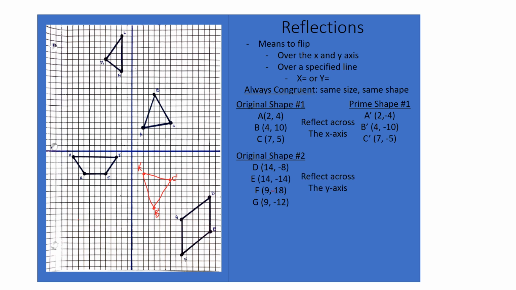For this problem, we are going to reflect across the y-axis. The y-axis is the vertical line that runs straight up and down. So, just like we did with number 1, we're going to count to that line. I'm going to start with D because that's the first point. So I'm going to count over to the y-axis. 1, 2, 3, up to 14.